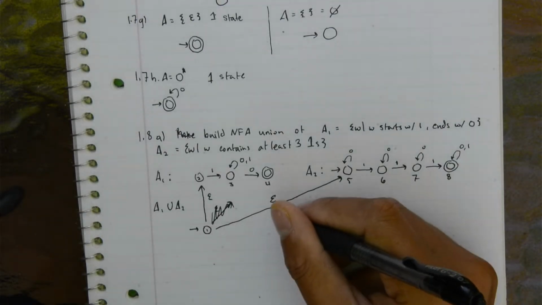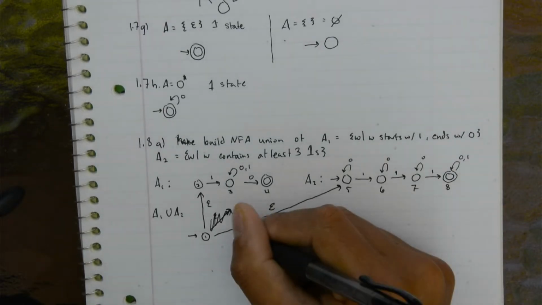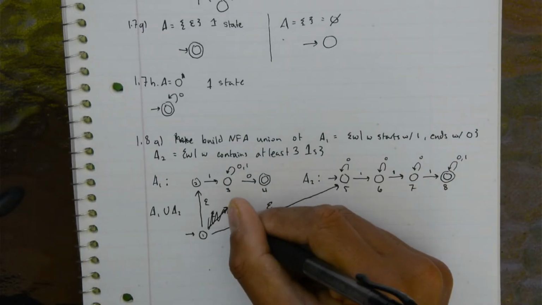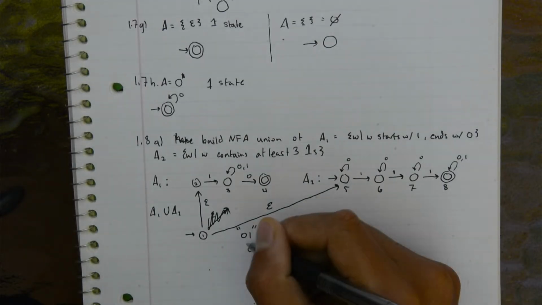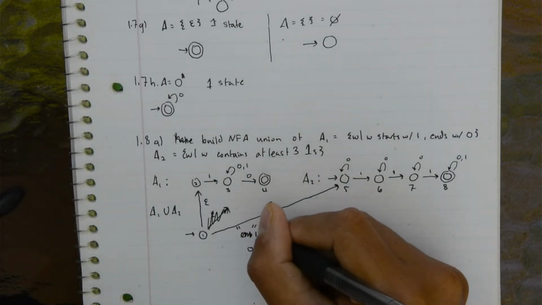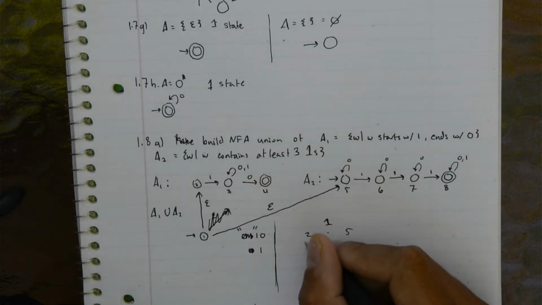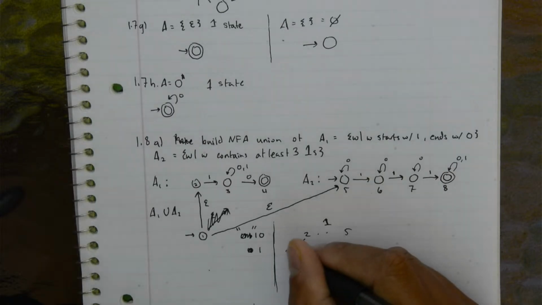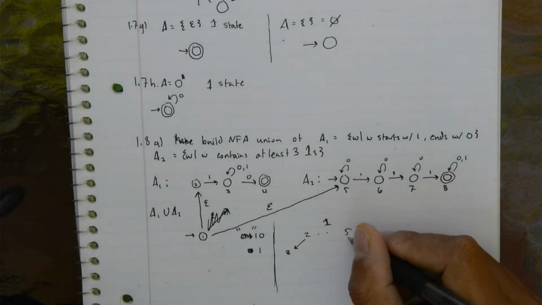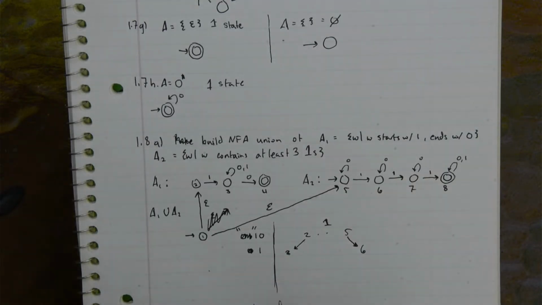Our test string is 1, 0. So this is a 1. This one can go only to 3. Then 5 can go only to 6. So we still have exactly 2 branches of the computation.